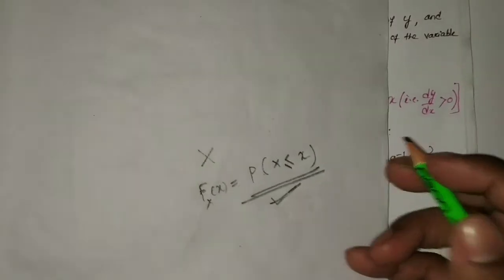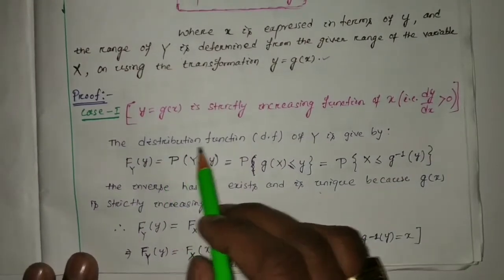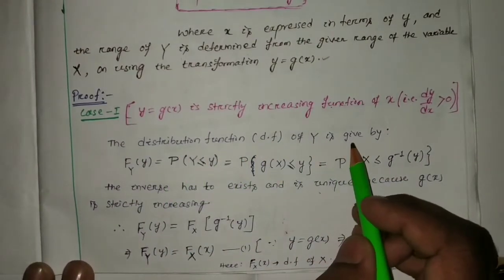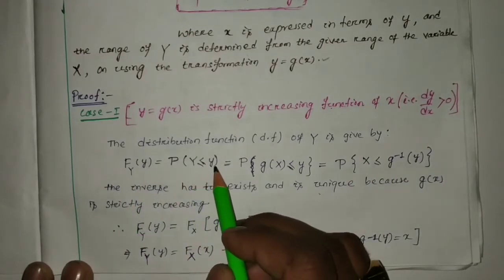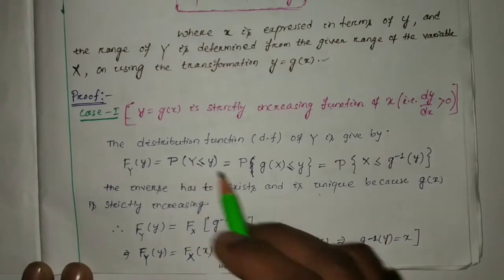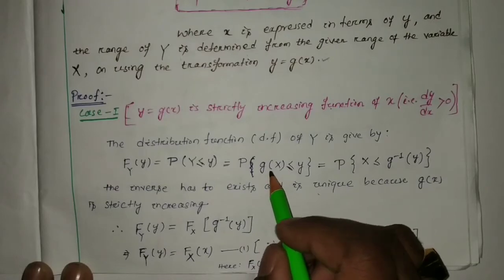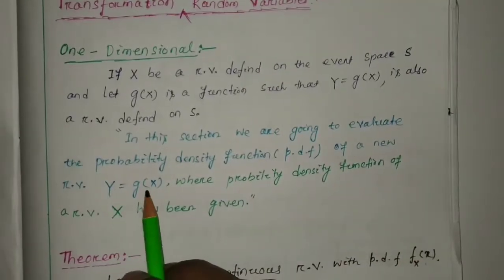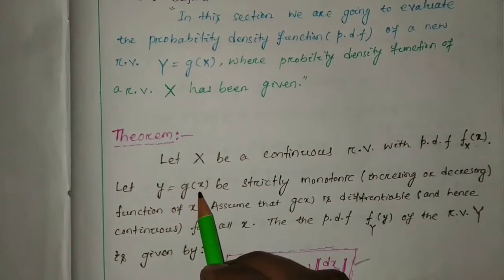That we know. Similarly, the distribution function or DF of y is given by F_Y(y) equal to the probability of Y less than or equal to y. Here Y is nothing but g(X), as we defined that y equals g(x).